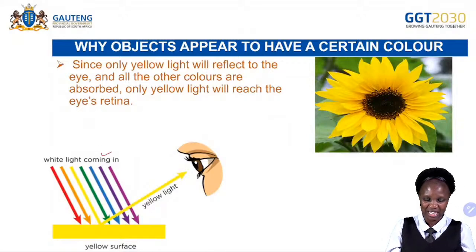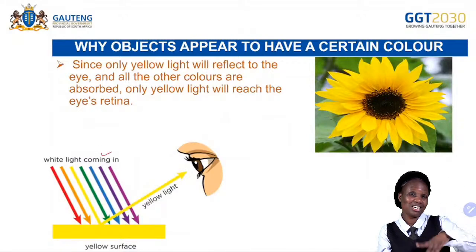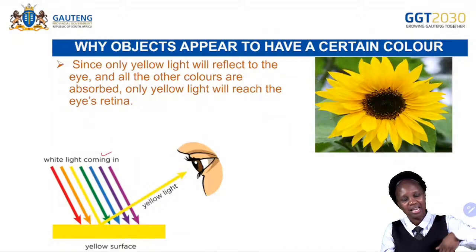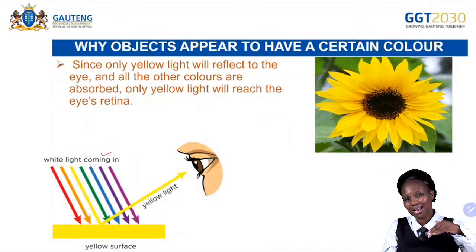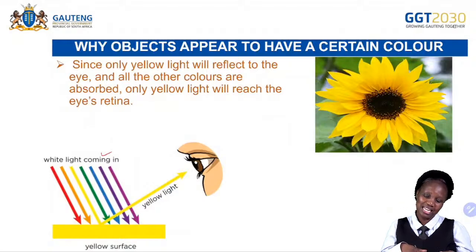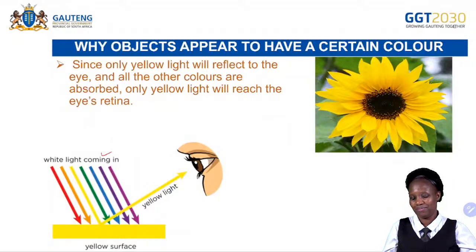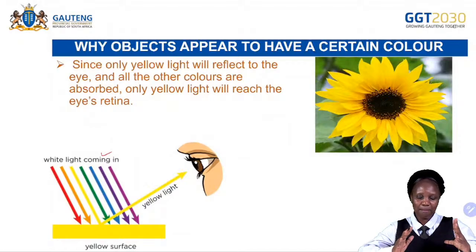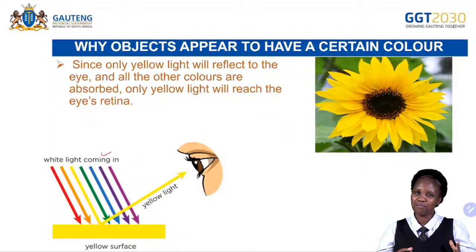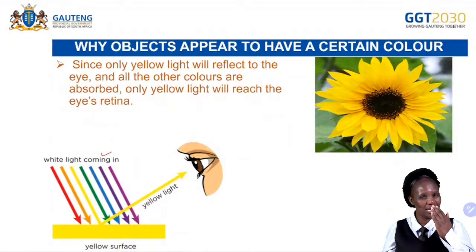White light is coming in. This is the incident ray. Remember our diagram, incident ray? This is the incoming ray. This is the incoming light. Then it will strike a surface, and some of the visible spectrum will be absorbed. Some of the rainbow colors are going to be absorbed, and only the one that is being reflected is going to enter our eye.